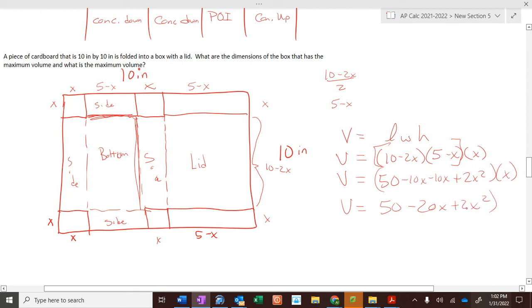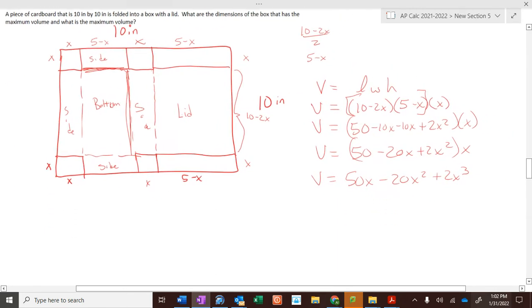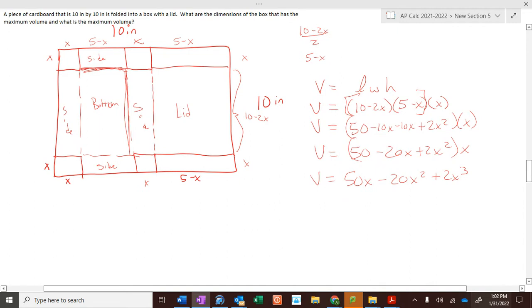If we distribute the x through there, then the volume is 50x minus 20x squared plus 2x to the third. That would be the volume of it in terms of x. Okay, we good with that? Is that just the answer? Oh, God, no. That's the volume function.